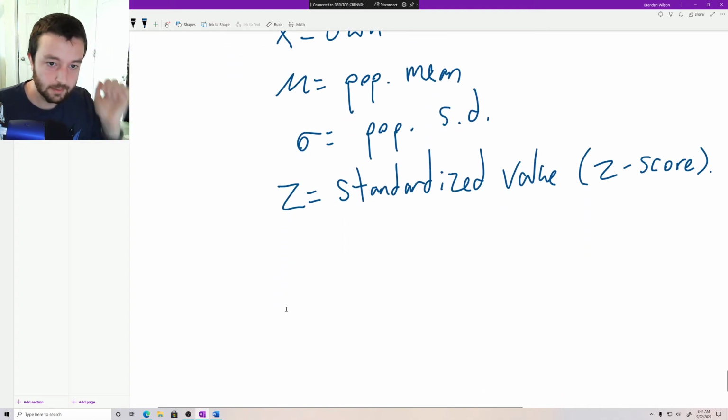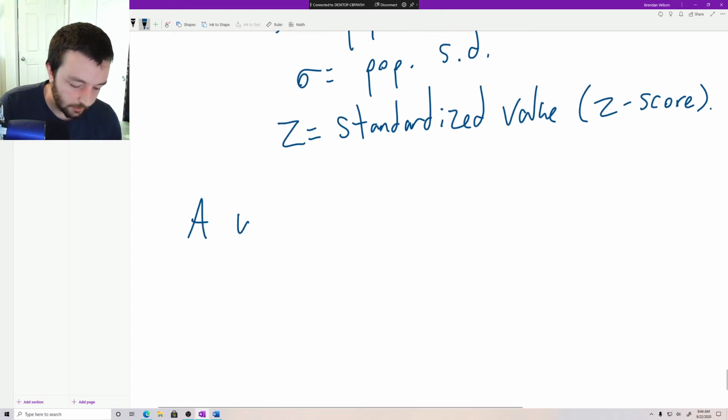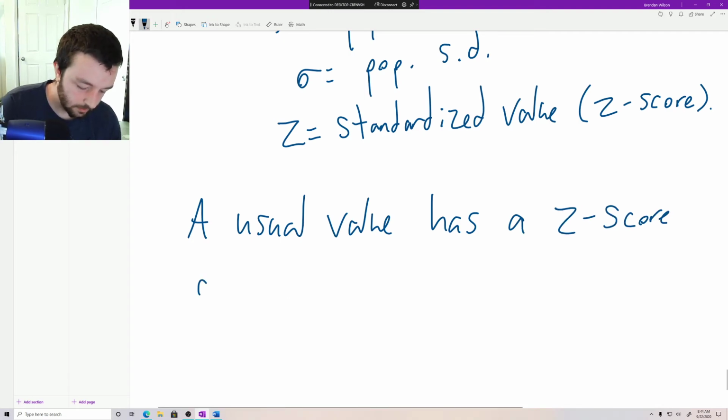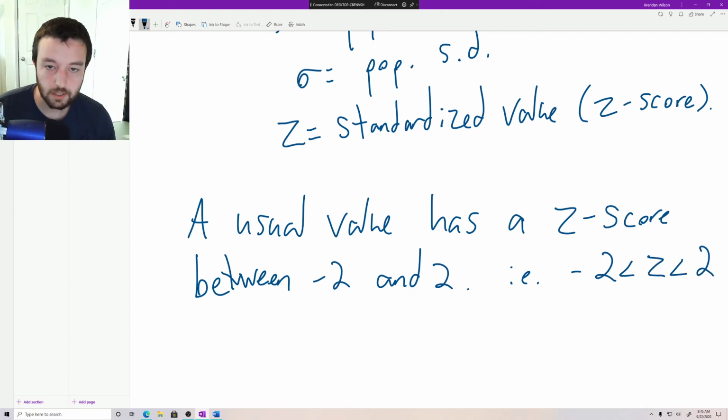So, there's really not a lot to say about it. I just want you guys to be aware of this because a lot of times people use z-scores. And the main idea is that a usual value has a z-score between -2 and 2, i.e., -2 is less than z, which is less than 2.